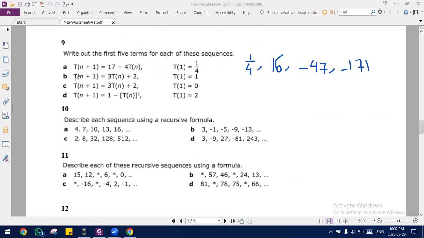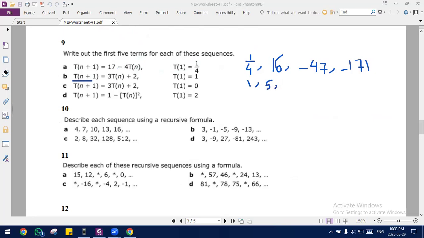Let's do this one. Tn plus 1 means the next term. What is it equal to? The previous term times 3 and then plus 2. Now the first term is 1. To find the second term, instead of Tn, I put 1. What do I have to do now? I should times it by 3. 1 times 3 is 3, plus 2, 5.